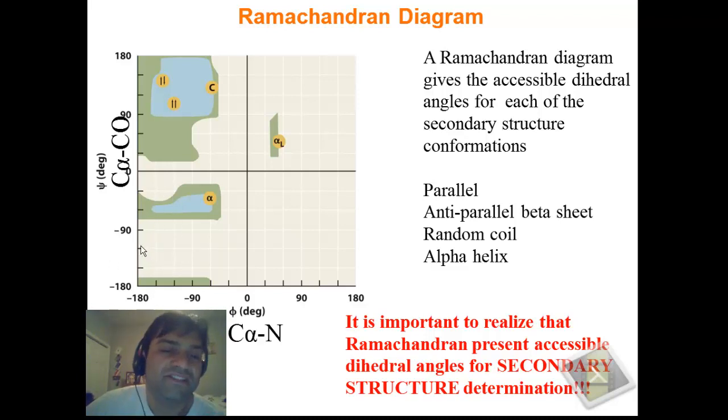So if you get a stretch of dihedral angles, that stretch may be permissible for an alpha helix, or it may be permissible for a parallel or anti-parallel beta sheet. Notice here that, like I said before, these are hotspots, so you have a lot of leeway and breathing room, because remember, you have to take into account side chains, which allow for a number of different conformations.